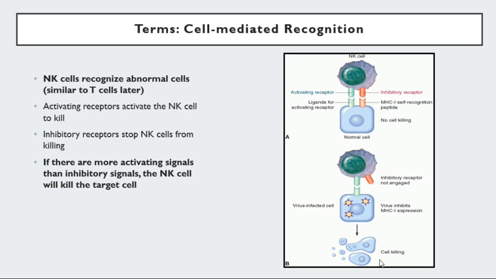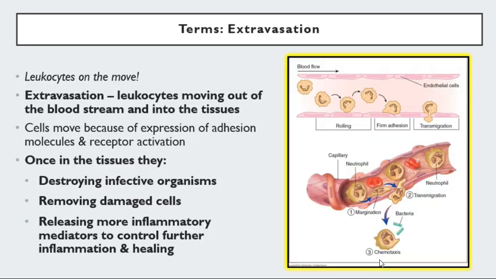If you're a healthy cell, you have an inhibitory signal that tells the immune system, don't kill me. But if you display an activating ligand, you can tell the immune system to kill you. What's interesting is that pathogens recognize this and regulate it extensively, and there's a whole battle between molecules over what's going on with your immune system. But we won't go into all of that this semester.